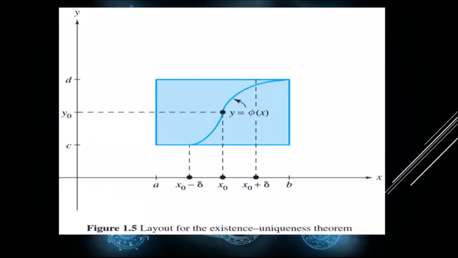Okay, so here is figure 1.5, layout of the existence uniqueness theorem. So we can see that there is a rectangular domain wherein the point x of 0, y of 0 is inside this rectangular domain, and the edges of this rectangle is the interval a to b on the x-axis and c to d on the y-axis.